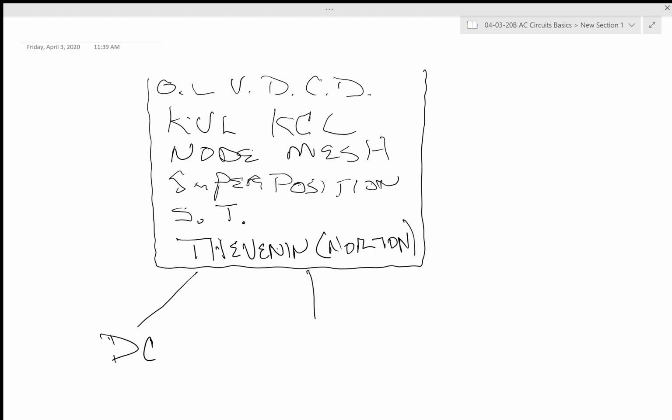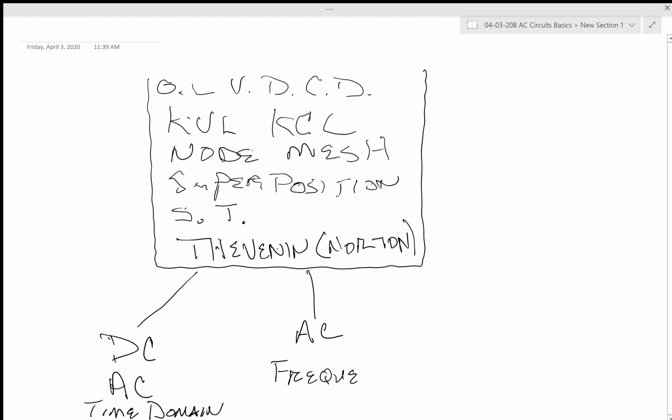It works for frequency domain, time domain, it works for AC frequency domain, and it also works for AC frequency domain.